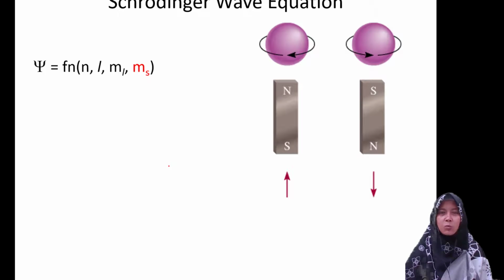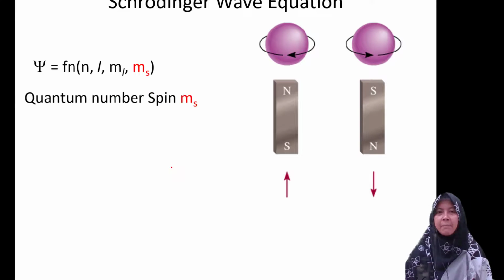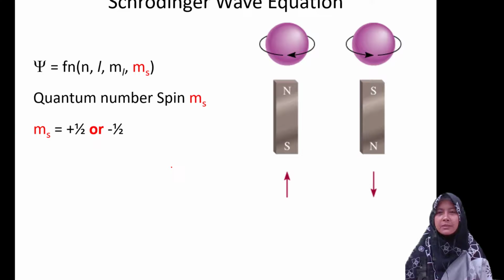The Schrödinger wave equation also states the spin magnetic number. By the Hahn principle, we find that an electron only has two options to express this spin, minus half or plus half.